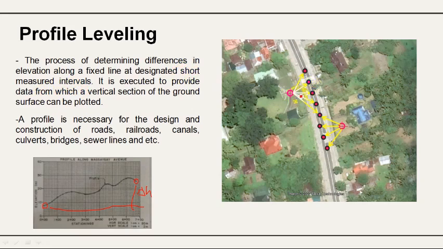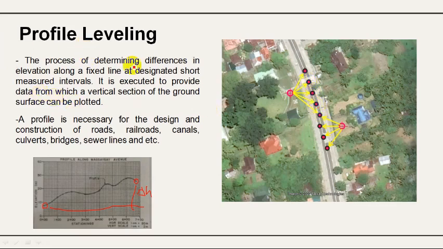We take these sights or readings to get the shape of our terrain. Not only our backsight to the known elevation and our turning points, but also the shots or readings at short measured intervals.